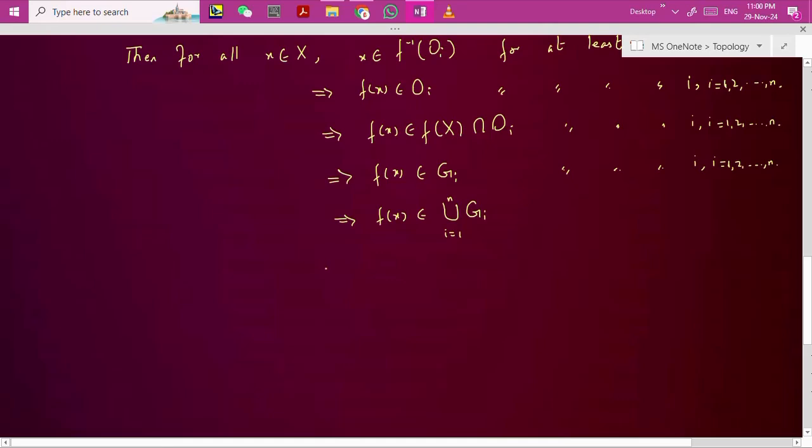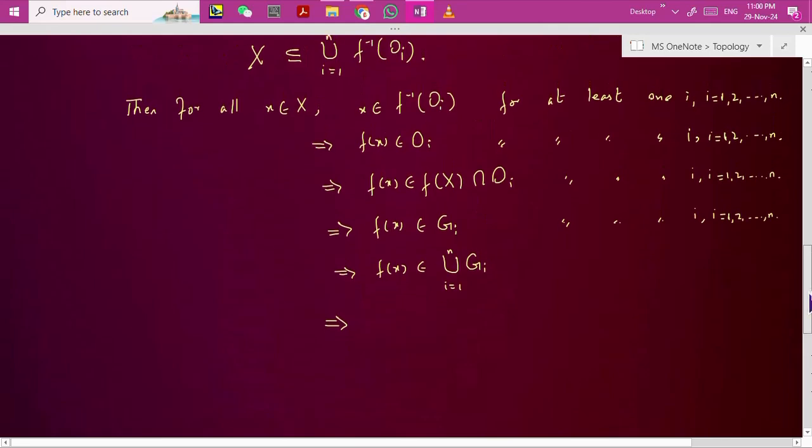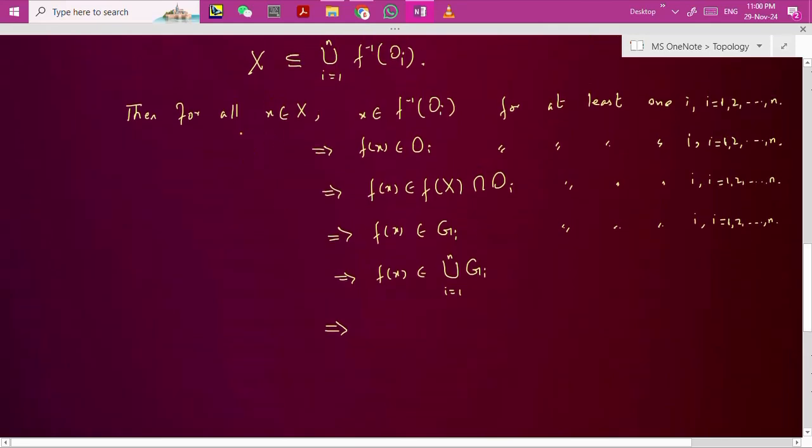And this implies that, because for all x, f(x) belongs to the union of gi, I from 1 to n, it means that all elements of f(X), which is like f of small x, belong to the union of gi from 1 to n, because we have for all x belongs to X, this one holds.